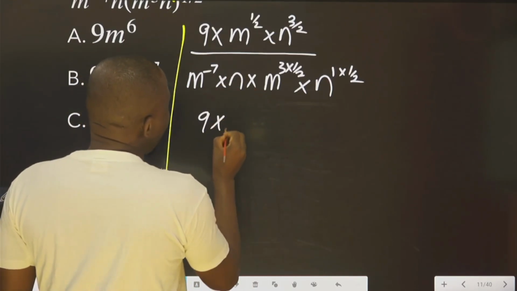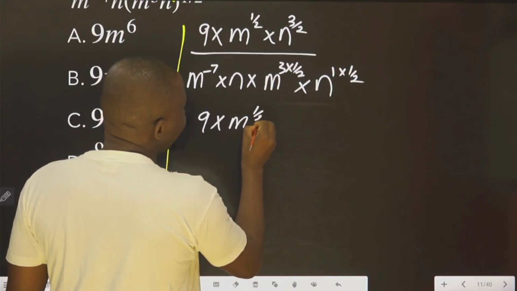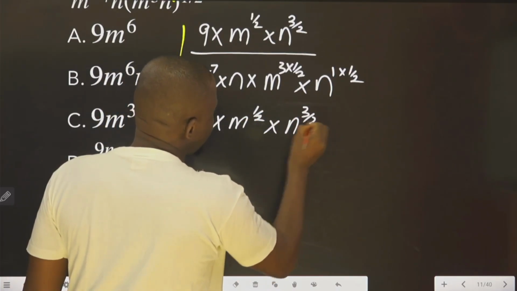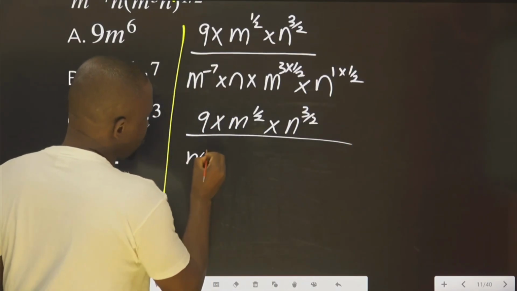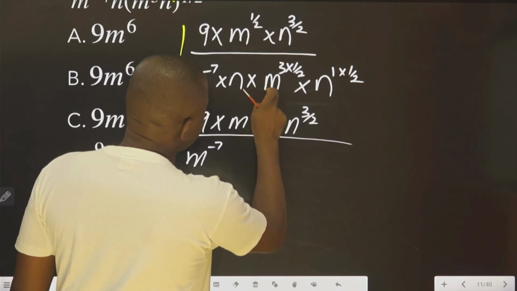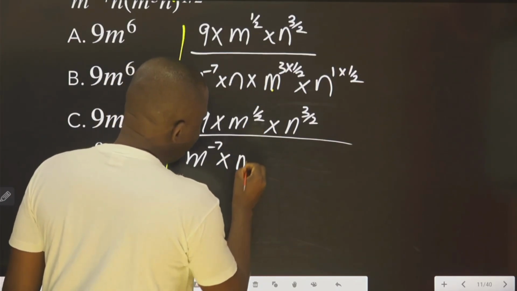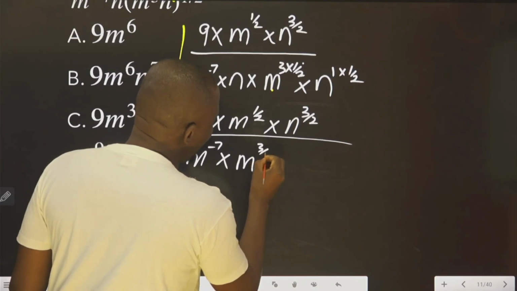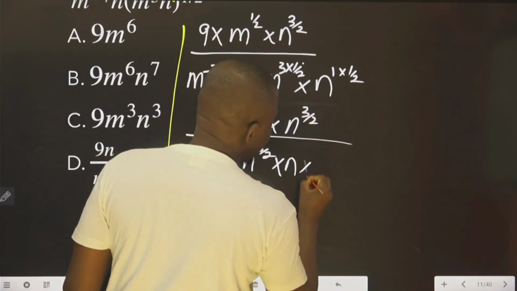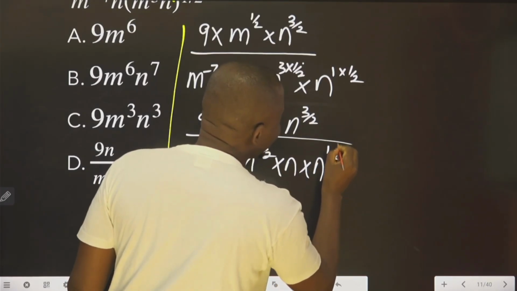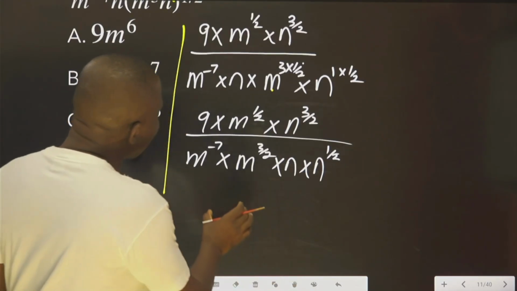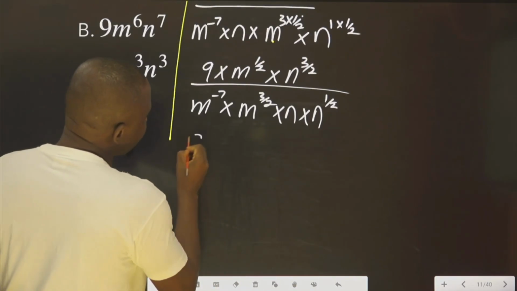For the numerator, I don't want to disturb myself yet until I finish the denominator, which I can see something we can use to simplify further. These guys will come together. I will put this here now. This multiplied by this is 3 over 2. I bring n here. This is n raised to power 1 over 2 after multiplying this, okay? Once I'm through with that now, I will continue my work.